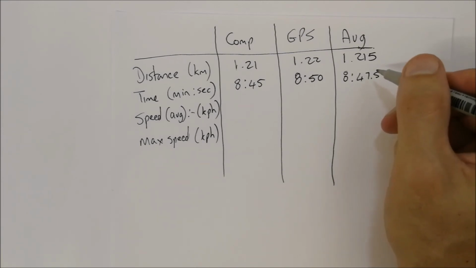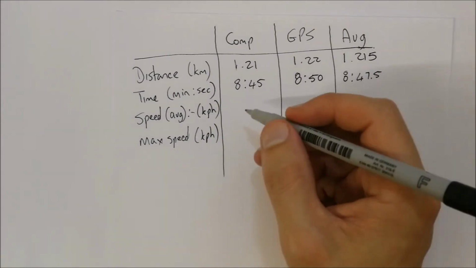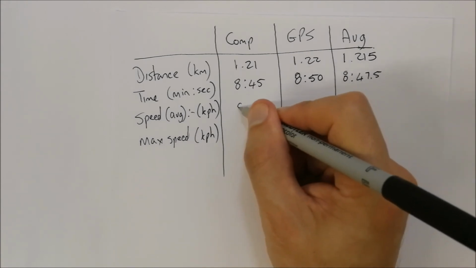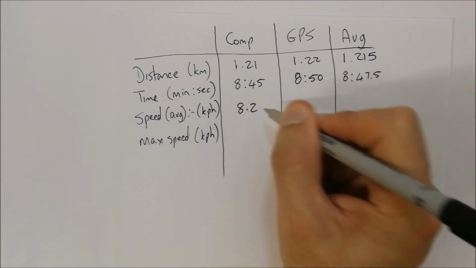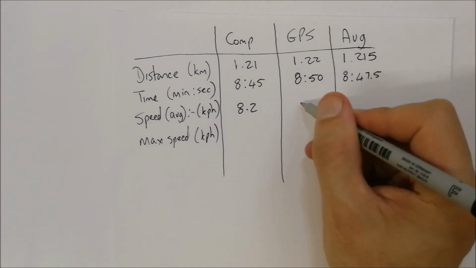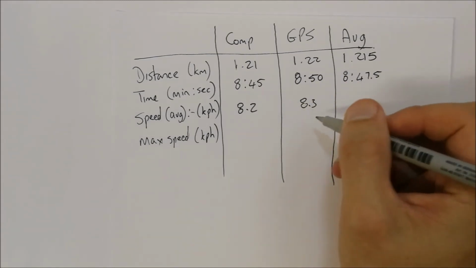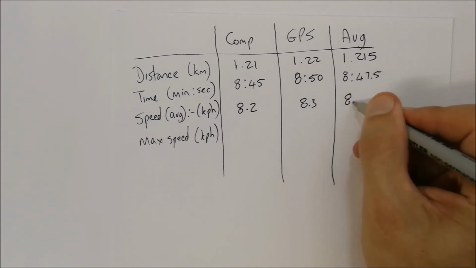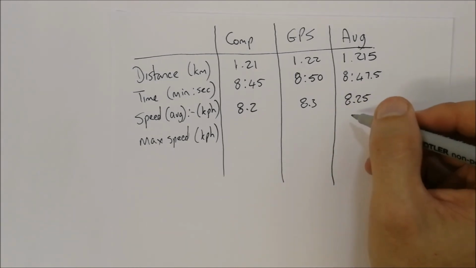Now, if you look at the speed, the computer found that the average speed was 8.2 kilometers per hour. The GPS found the average speed to be 8.3 kilometers per hour. So obviously the average would be 8.25 kilometers per hour.